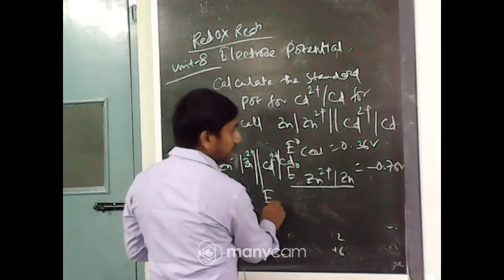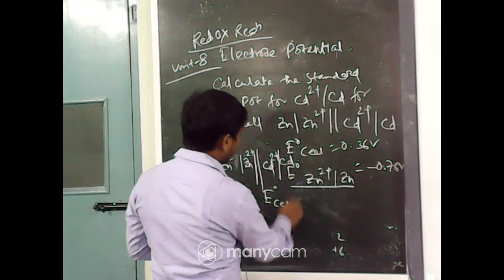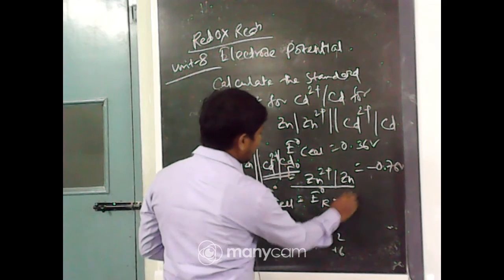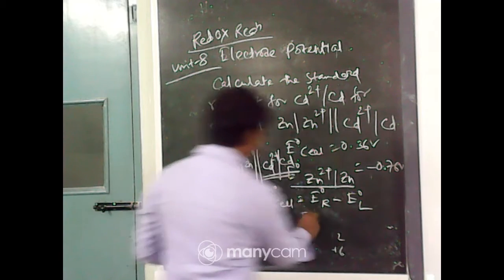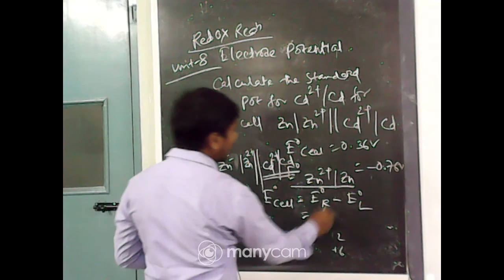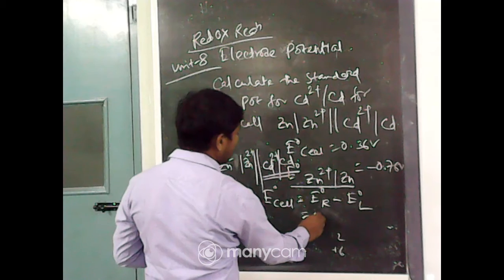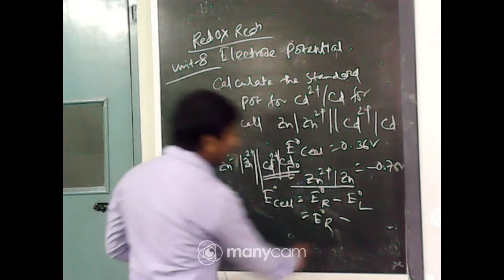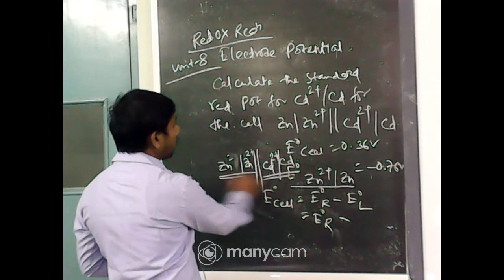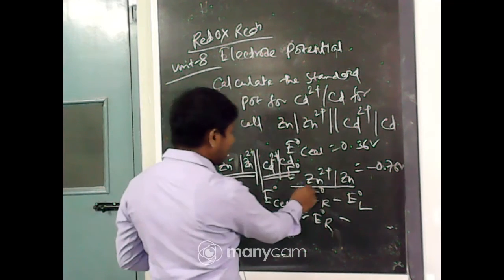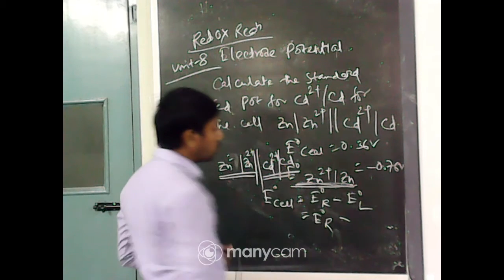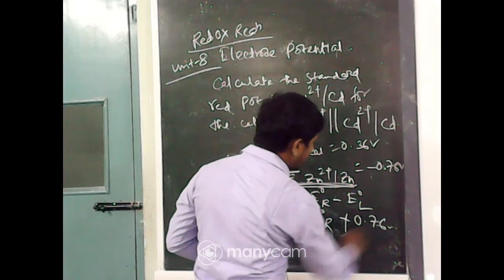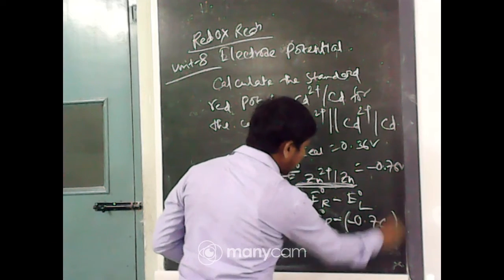Now, E0 of cell is E0 of right minus E0 of left. E0 of right is Cd2+/Cd, whose value is not known. The left is Zn|Zn2+, so we have to reverse the value of Zn2+/Zn, that is +0.76 volt, minus of minus 0.76.